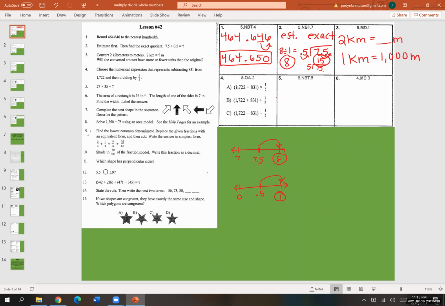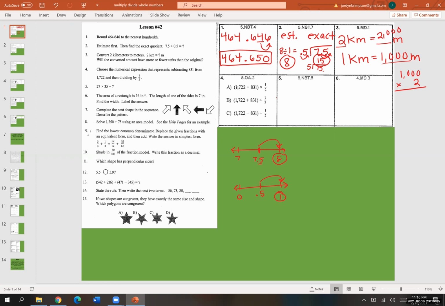In order to find out how many meters 2 kilometers are, we would multiply the 1,000 and the 2. Well, 1,000 times 2 would be 2,000. So 2 kilometers is 2,000 meters. It says, will the converted amount have more or fewer units than the original?